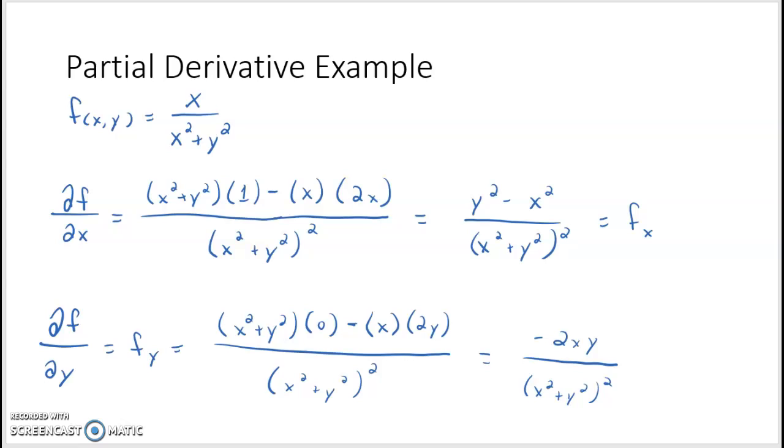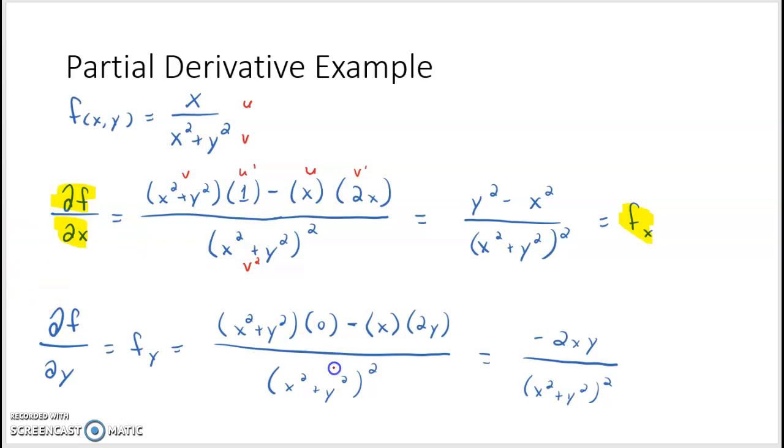Let's see what we got here. I just got some more examples. So this function is x over x squared plus y squared. So this is the partial of f with respect to x, and I didn't write it over there, so over here f sub x. It's a quotient rule. So u over v, and you will see v u prime minus u v prime over v squared, and it's just carrying that out, treating y as a constant.